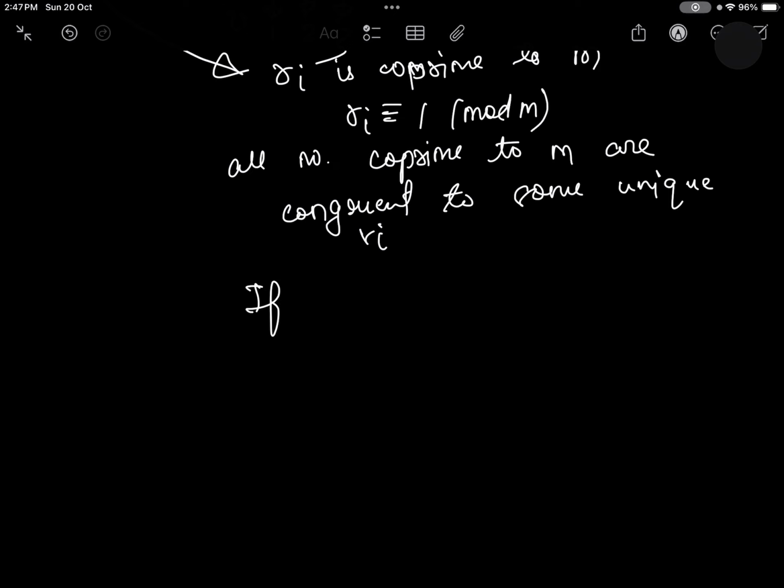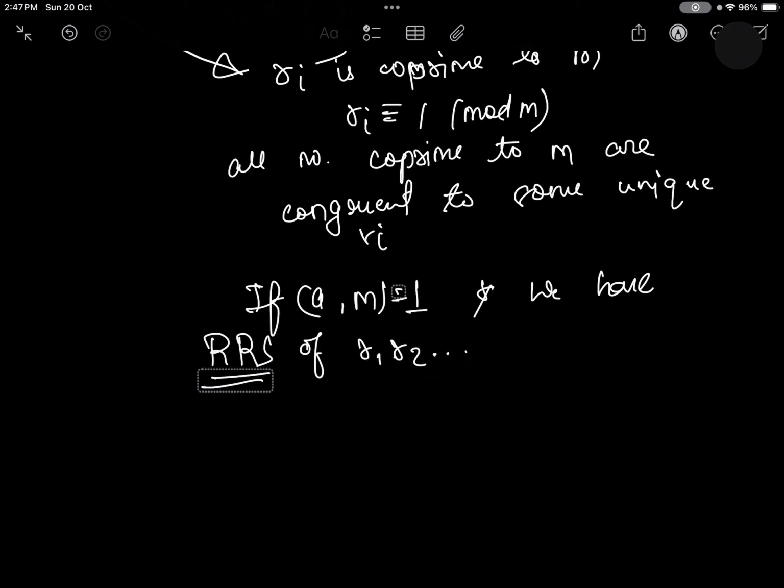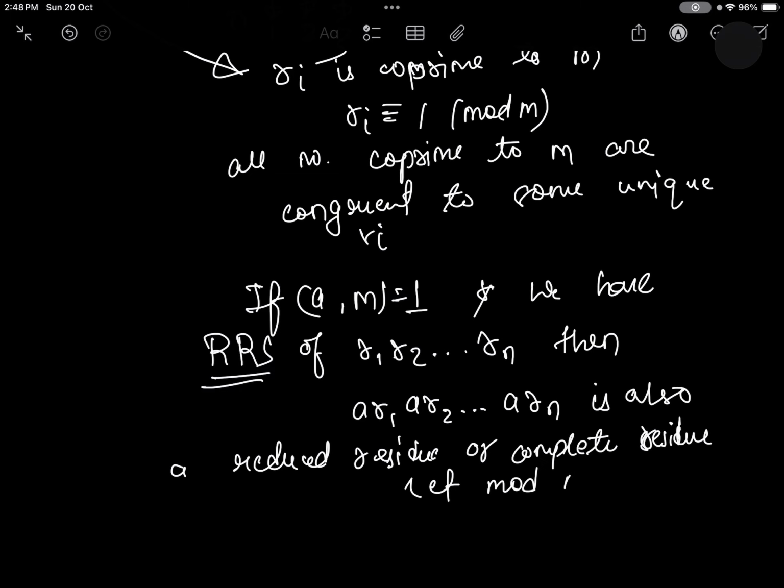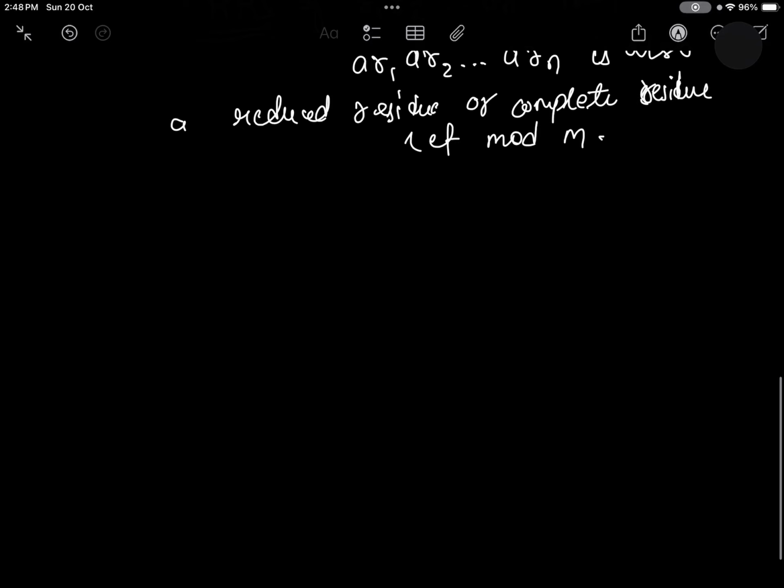The final definition is that if the GCD of A and M is 1 and we have a reduced residue set, this is an unofficial notation, mark my words, R1, R2, and so on to Rn, then, reduced residue set or complete residue set, doesn't really matter, A R1, A R2, and so on to A Rn is also a reduced residue set or complete residue set mod M.